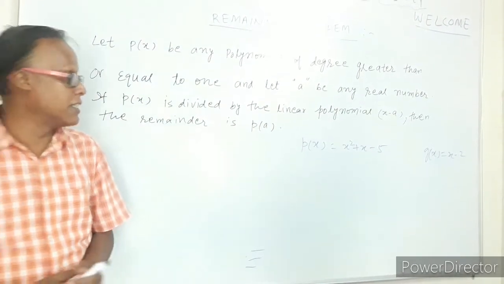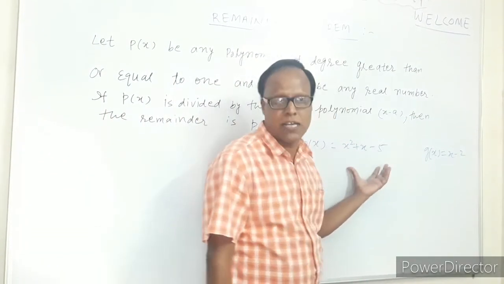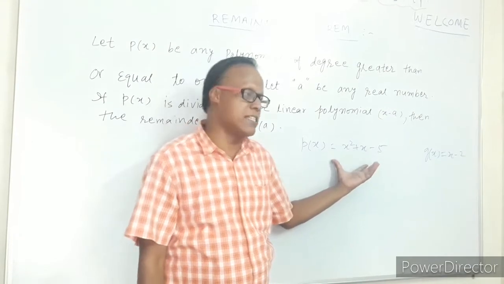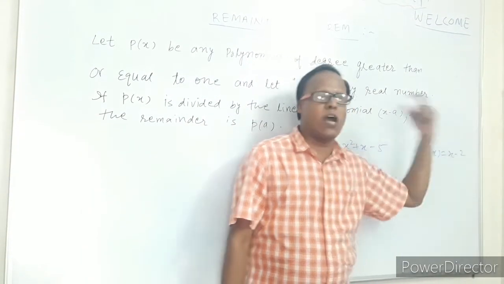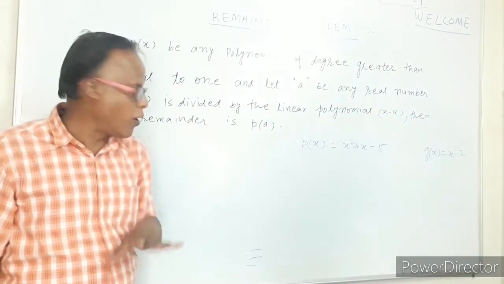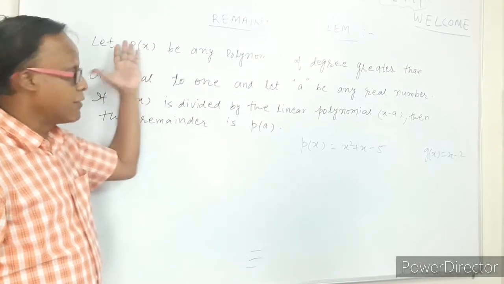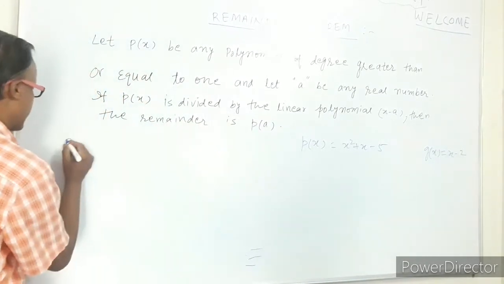But the problem is this one: if Px is equal to x square plus x minus 5 is a polynomial divided by Gx is equal to x minus 2, then what is the remainder? This is your problem. So by remainder theorem, how to solve it? The solution of that problem.